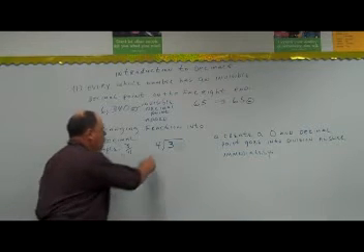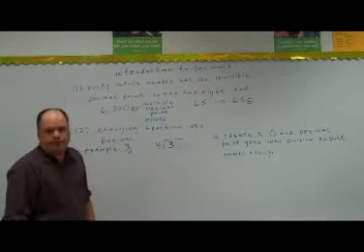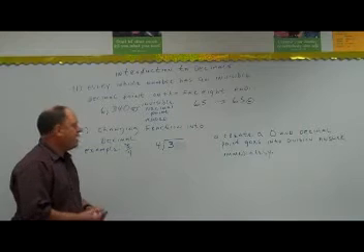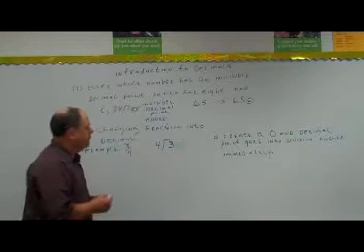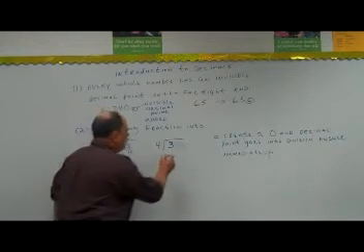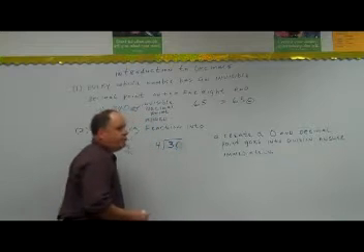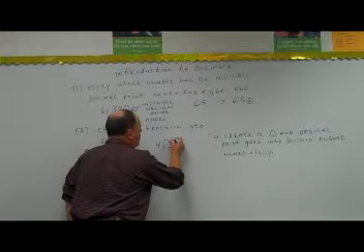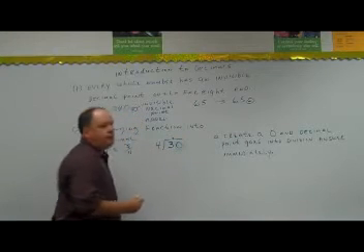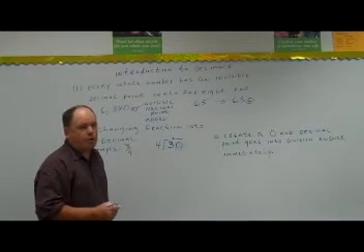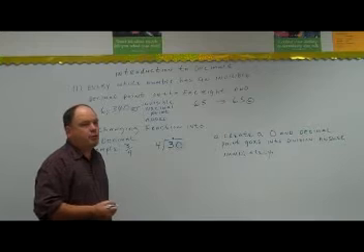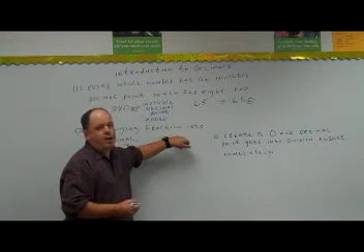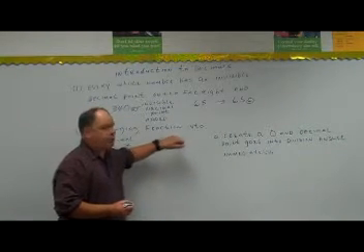And 4 will not divide into 3. So you have to create a 0 in order to keep dividing. As soon as you create a 0, a decimal point will go up into the division answer immediately. And all the numbers that you get from that point on will be to the right of that decimal point.